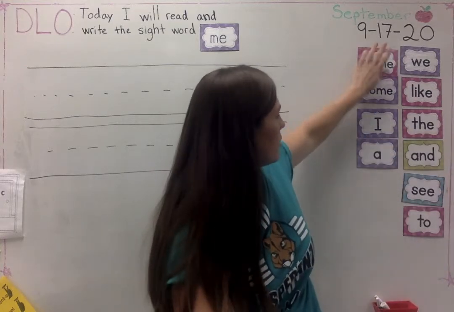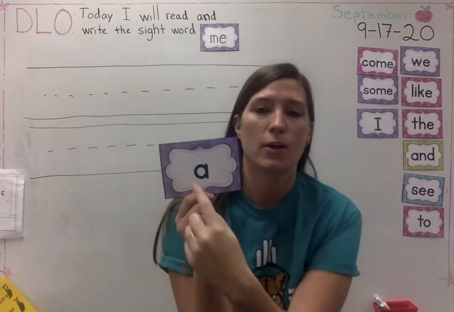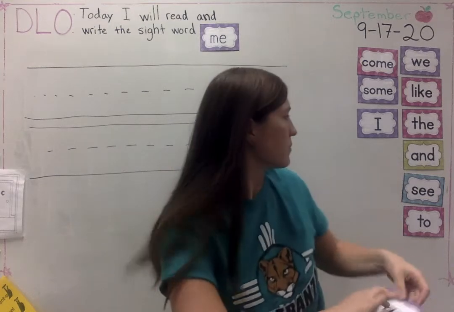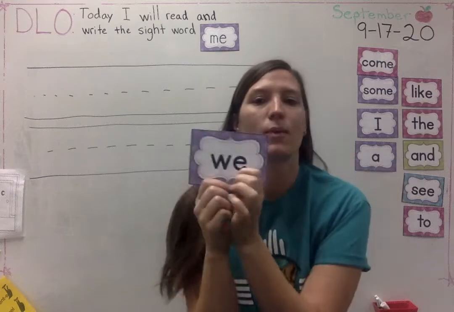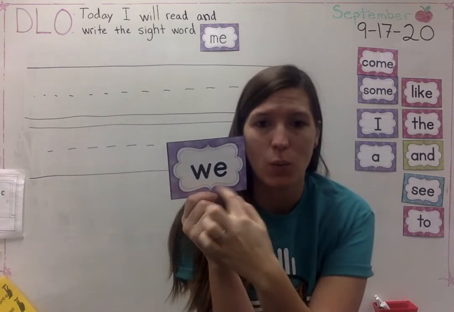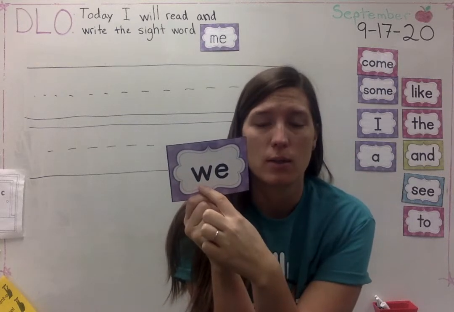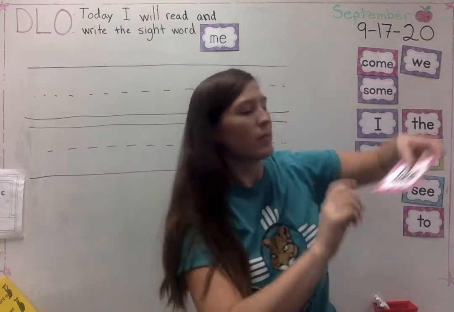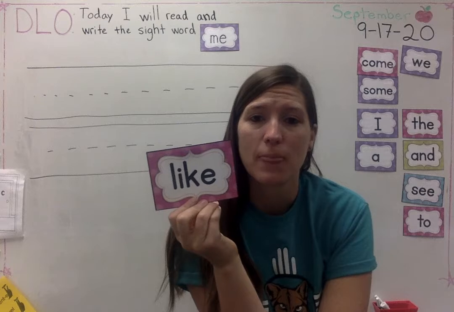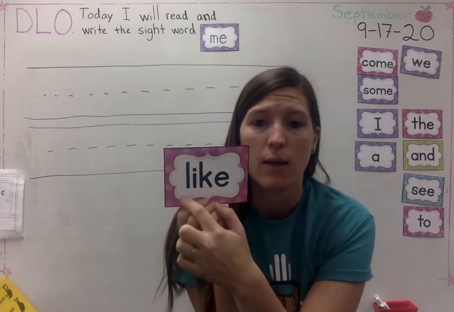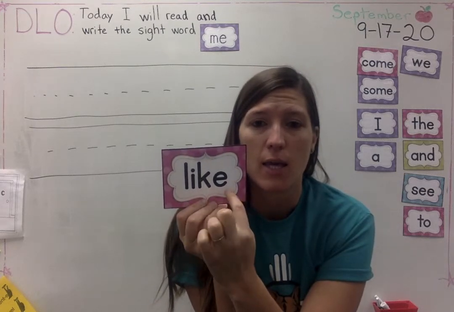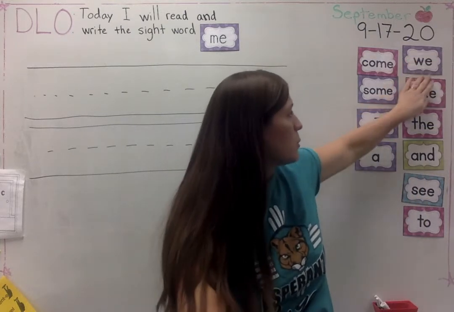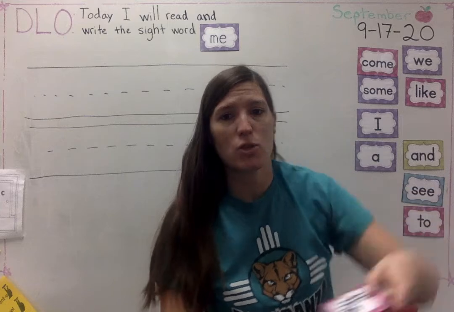Bonus word. Come. What's the word? How do we spell it? A. What's the word? We. How do we spell it? W-E. We. What's the word? Like. How do we spell it? L-I-K-E. Like. L-I-K-E spells like. Hi-ho, did you know?